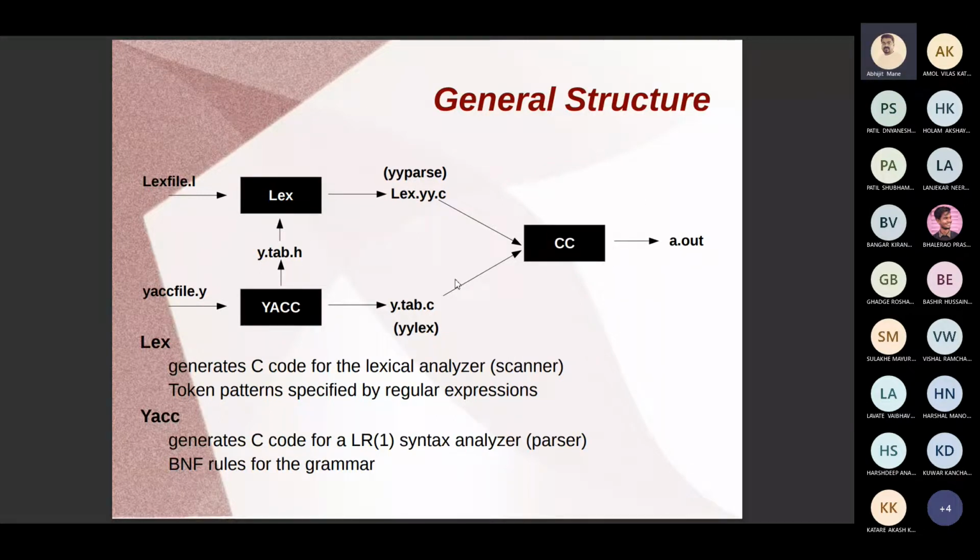Once you compile the Yacc file, it generates y.tab.c, which provides yylex, the token function to use. And finally you compile these two files together using the gcc compiler and generate the a.out. Both tools have the same structure in terms of sections, but the rules are used differently.